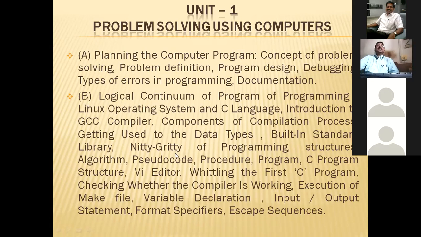In the second part, there are different topics: the logical flow of the program, how the program works on the operating system, how the compiler works, data types of the language, what an algorithm is, what a flowchart is, the C program, checking whether the compiler is working or not, execution, variable declaration, input and output statements, format specifiers, etc.